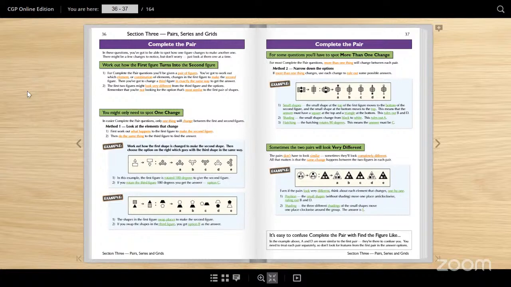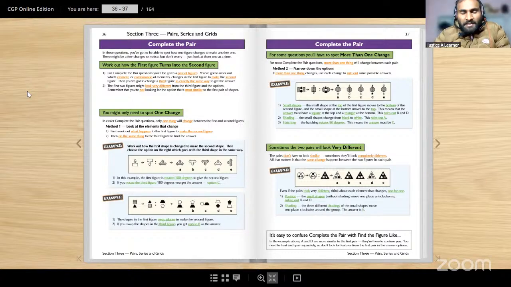You've got to work out which element or combination of elements changes in the first figure to make the second figure. Then you've got to change the third figure in exactly the same way to get the answer. The first two figures might look very different from the third figure and the options. Remember that you're not looking for the option that's most similar to the first pair of shapes.